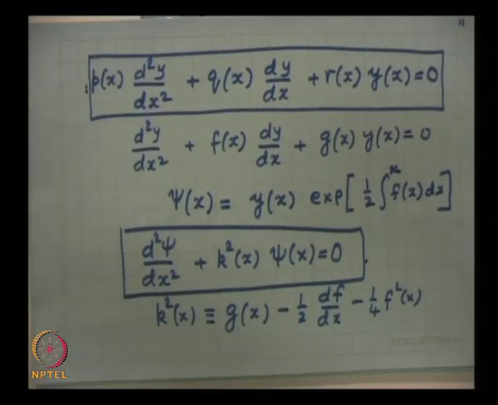It should not be very rapidly varying, it should not have too many zeros, because if it has too many zeros, then you have to hop from one turning point to the other, but that in principle is possible as long as the variation of k square of x is fairly smooth, and therefore it has been extensively used not only in quantum mechanics, but in waveguide theory, in plasma physics, and in many other diverse areas of physics and engineering.